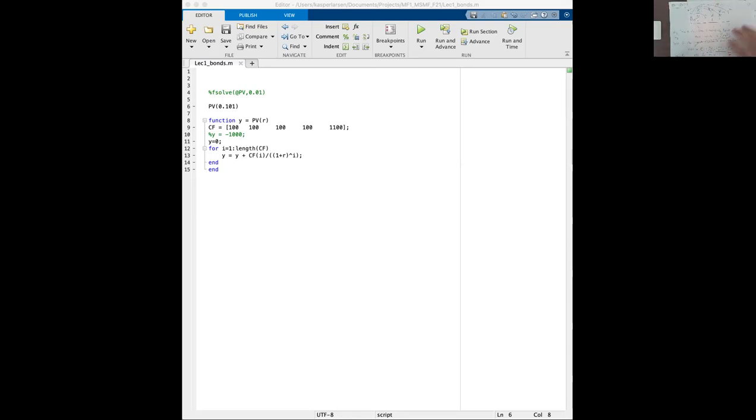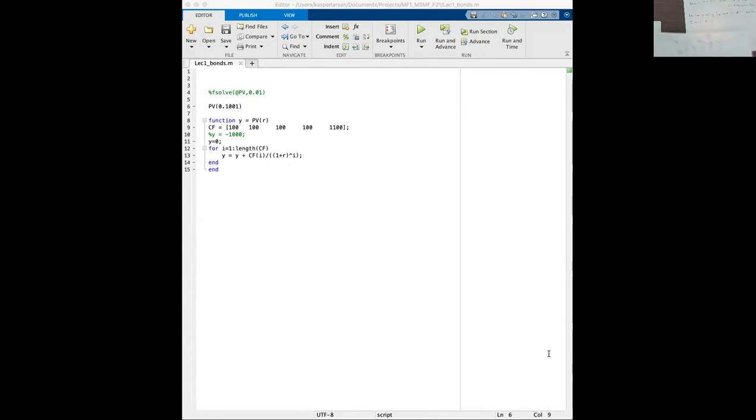I got it right the first time; I messed up subsequently. This is how we would calculate DV01. If the interest rate goes from 10% and goes up by 1 basis point, we should have 2 zeros in here. This is what I was messing up. If I do that, I would get what we have here.